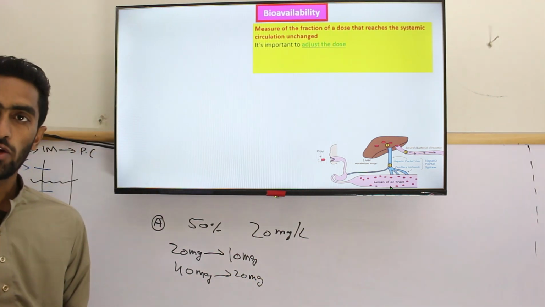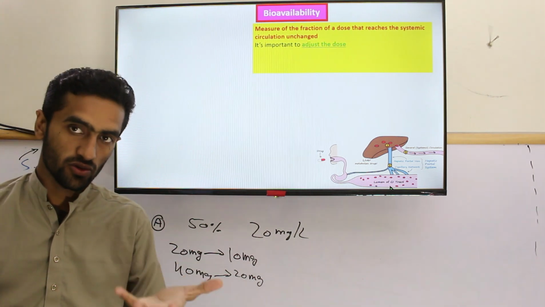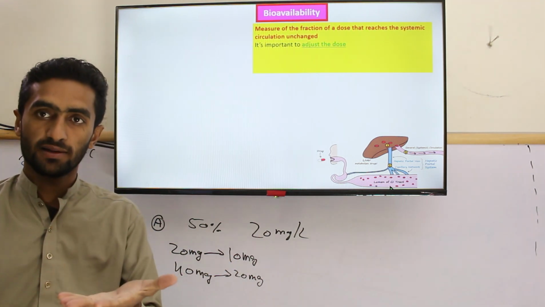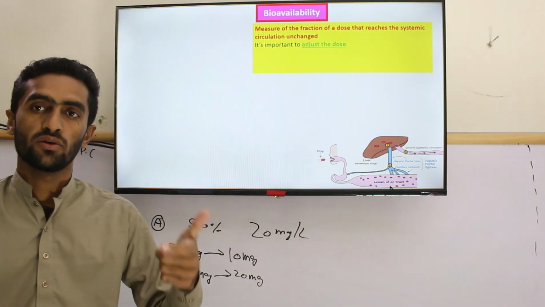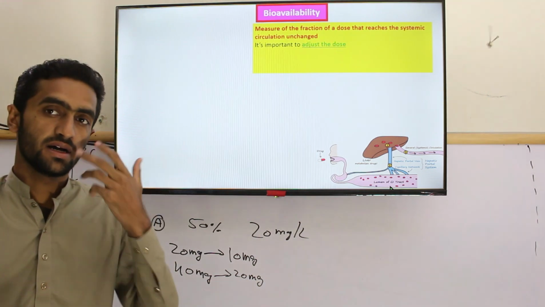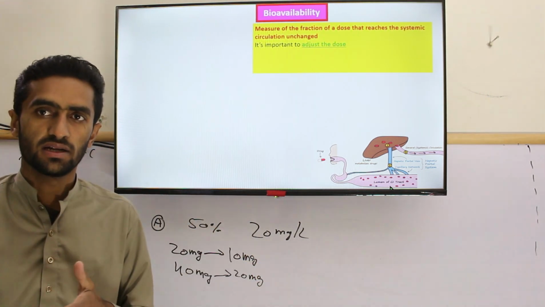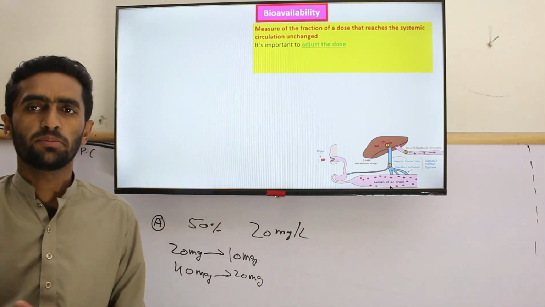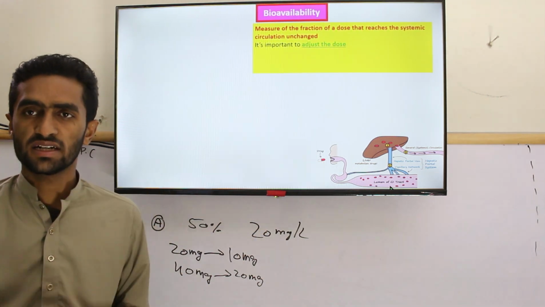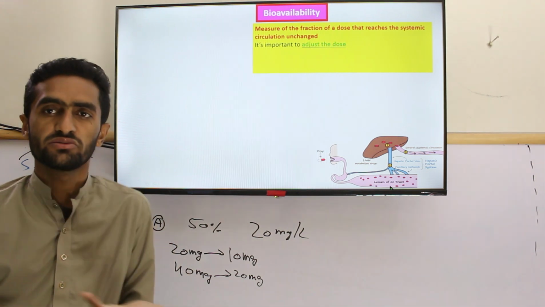So first, bioavailability is important. If we know the bioavailability of a drug, we can adjust the dose. If it's 80%, 50%, 60%, we can change it with the condition. Intravenous is important because it is always 100%, so don't confuse it.